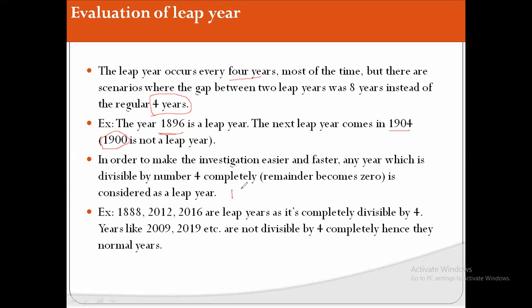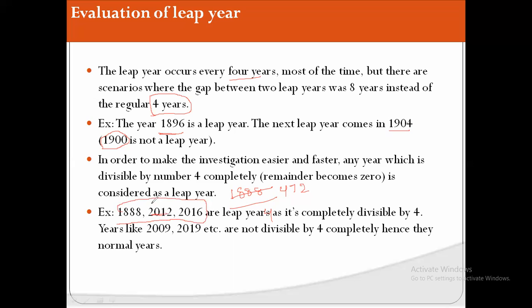So let us say we divide by 4. 4 4s are 16, 4 7s are 28, 4 2s are 8, so 472 divided by 4 is completely divisible by 4. That's why we can treat these years as leap years.